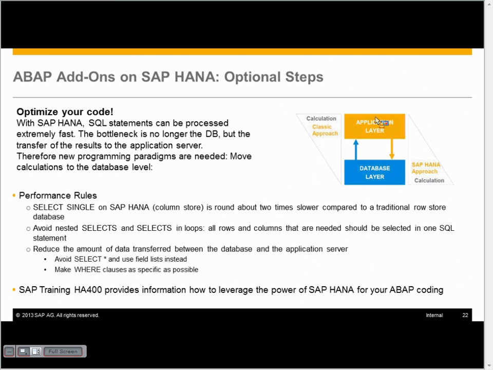So avoid a select star and just pick the fields that are needed and make the where clause as specific as possible. There is a training class available, HA400, that provides further information and gives lots of details about how to leverage the power of SAP HANA and how to improve the performance for your ABAP add-ons.